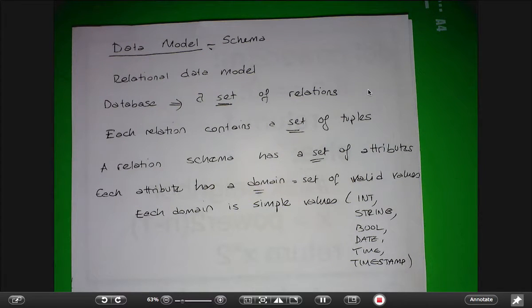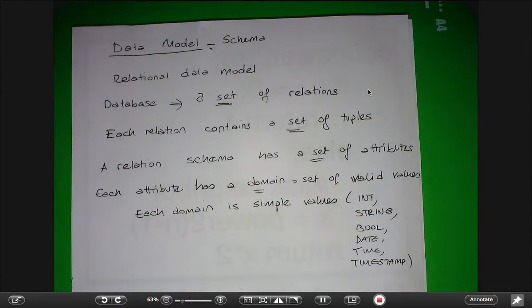What is not allowed is you are not allowed to have a structure, you are not allowed to have a dictionary, you are not allowed to have, what else? A record. Each value is a single simple value.